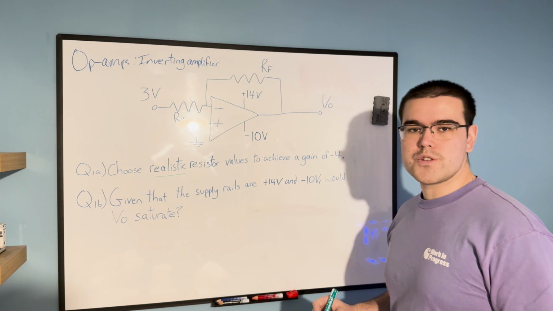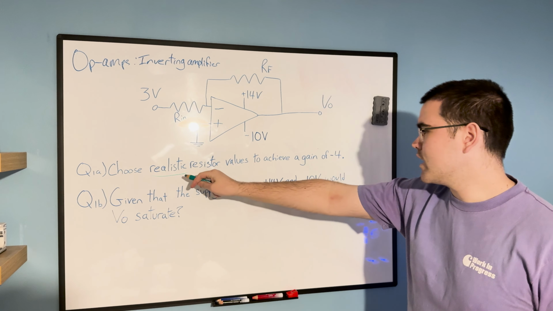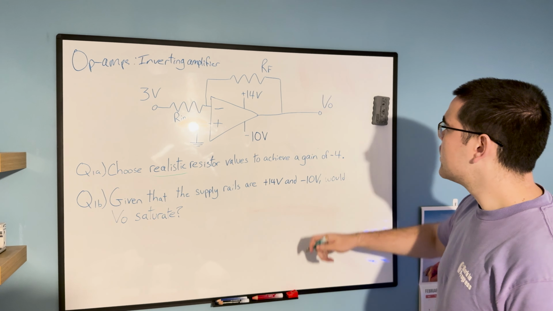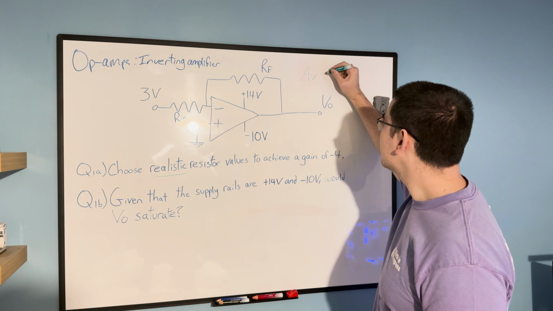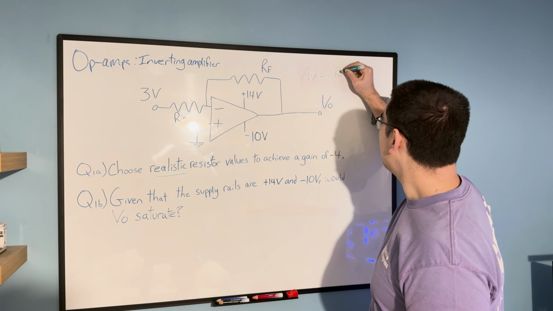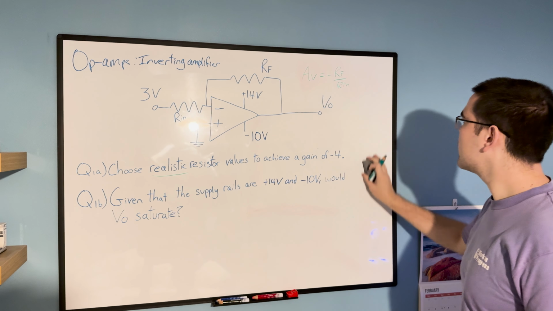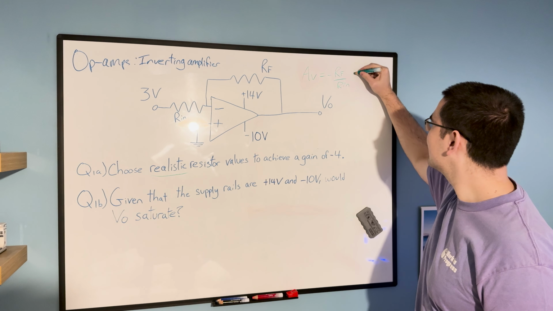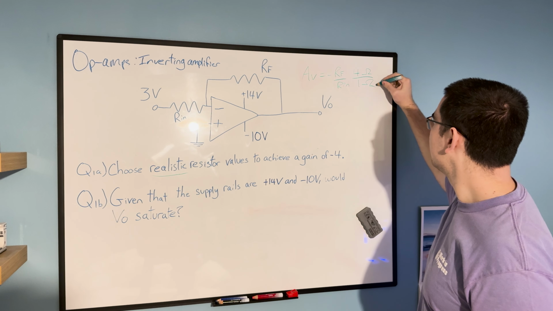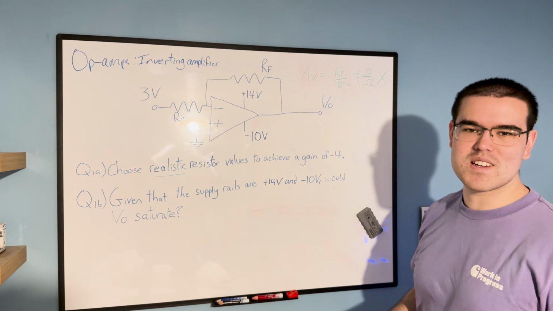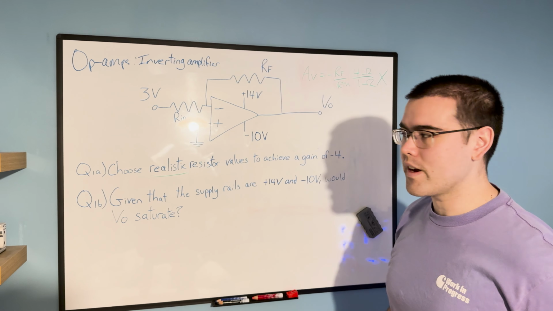Okay, so let's start with question 1A. Choose resistor values that are realistic to achieve a gain of -4. So as you might recall, that AV for the inverting amplifier is equal to minus RF over R in. Okay, so if we just choose like 4 ohms divided by 1 ohm, this is theoretically correct, but in the real world, and according to the rules, that's not correct.